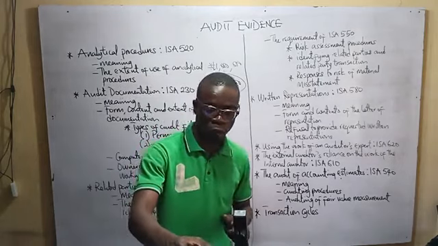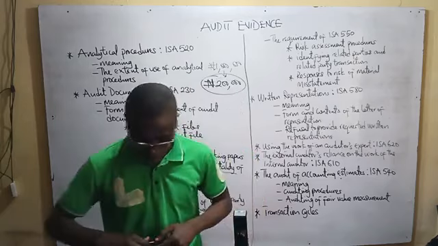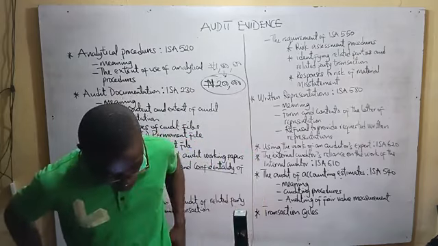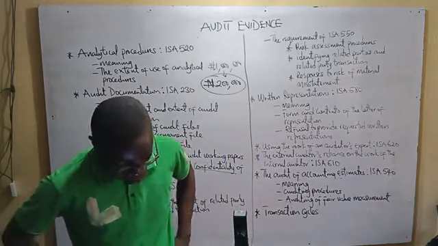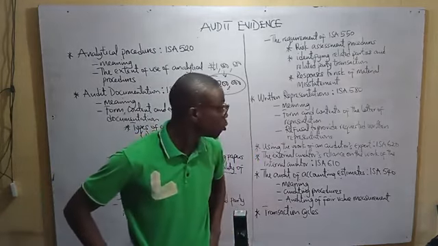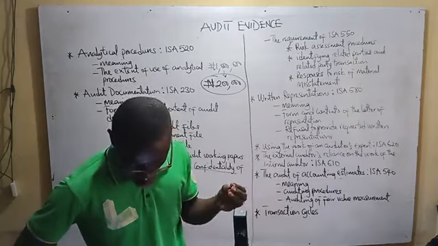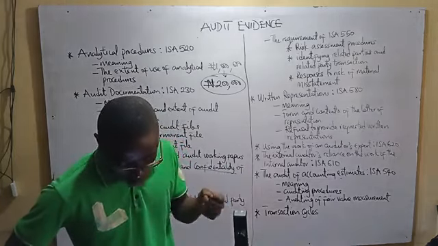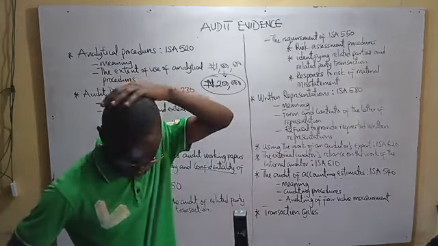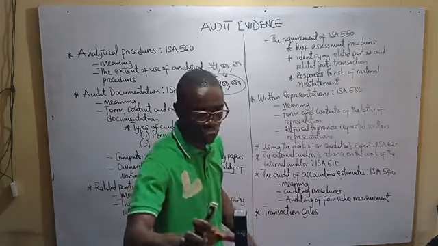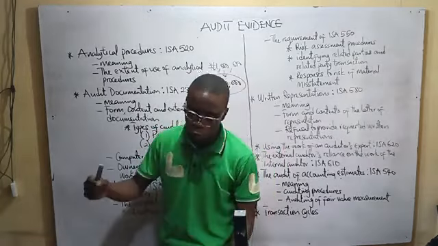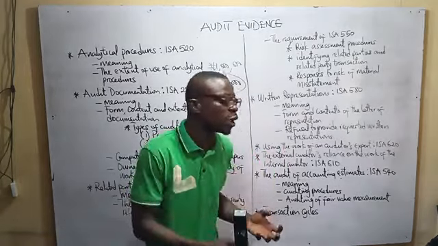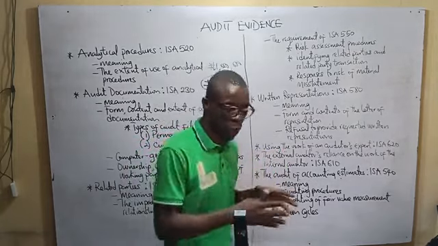ISA 620 requires the auditor to apply the procedures spelled out below when using the work of an expert. That means there is a procedure you need to follow before you can adopt or use the work of an expert for an audit.